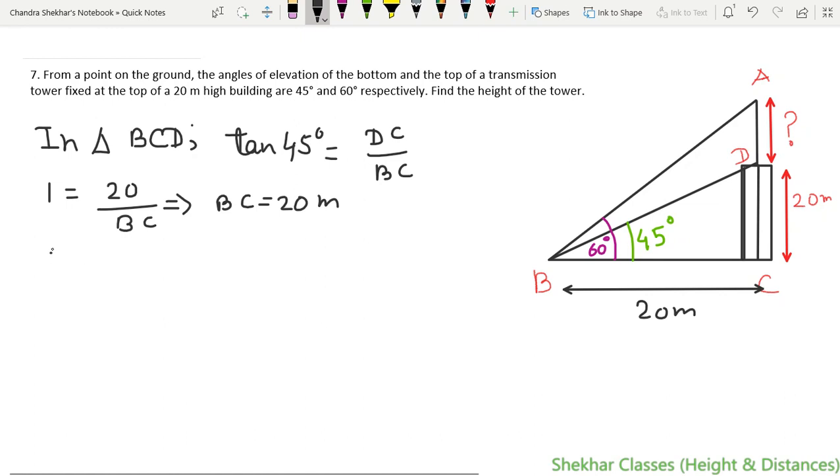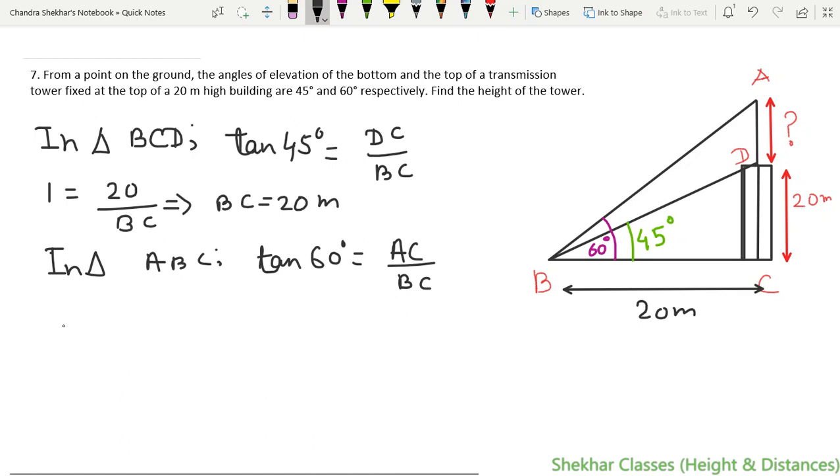So write in triangle ABC. Now angle is 60 degrees, so tan 60 degree is equal to AC by BC.